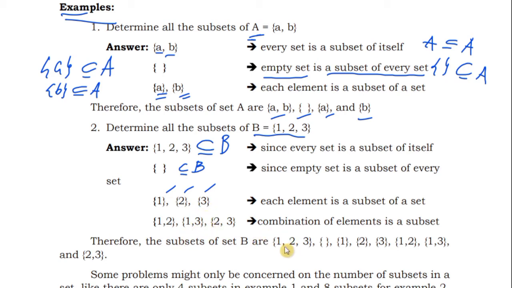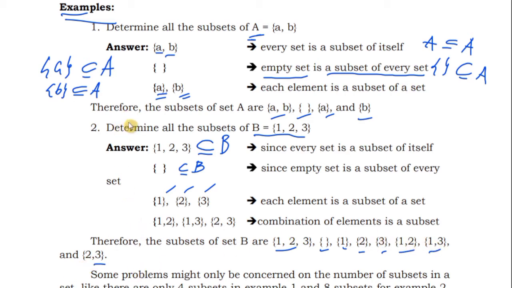So if we identify how many subsets we have in the given set B, we have 8, as we counted all the subsets: 1, 2, 3, 4, 5, 6, 7, and 8.